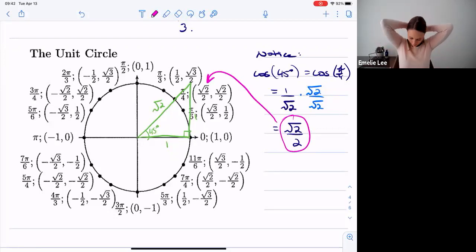So a little bit of work, but if you wanted to, you could use 1 over root 2 instead of root 2 over 2. They're equivalent, right? Nothing's changed. The value is still the same. Okay, same thing for the sine, right? The sine of pi over 4 is opposite over hypotenuse, 1 over root 2. And so you can use these special triangles if you want to.